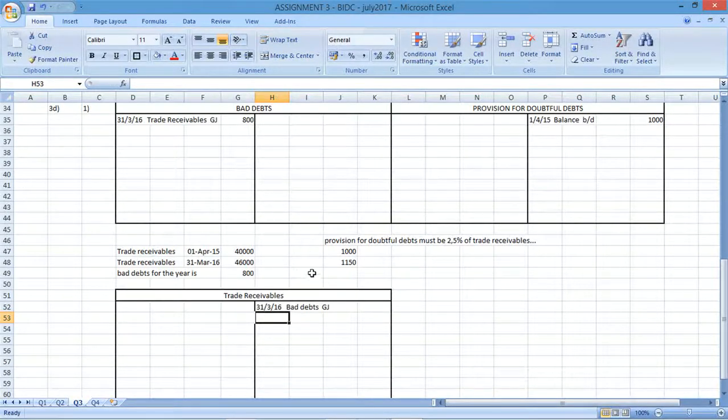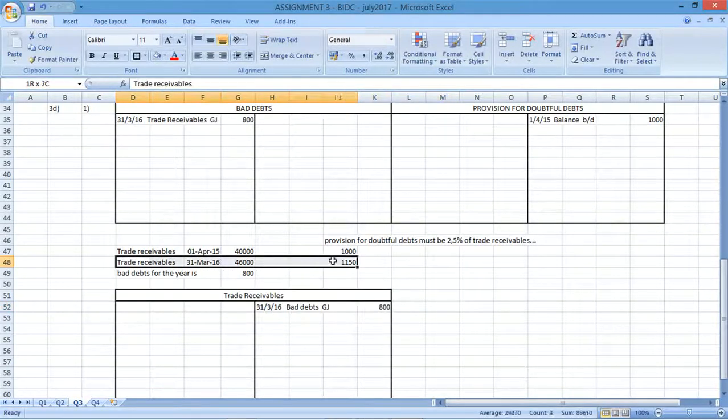As I said, you could have written this straight off to the provision possibly, but I prefer keeping it separate because your bad debt affects your receivables. So if you're writing off bad debt, you're going to show that as a credit and that as the debit, 800 and 800. And then the provision, which is 1,150, needs to be created.